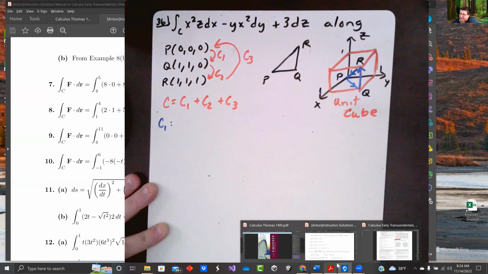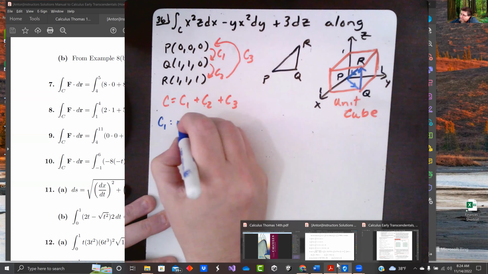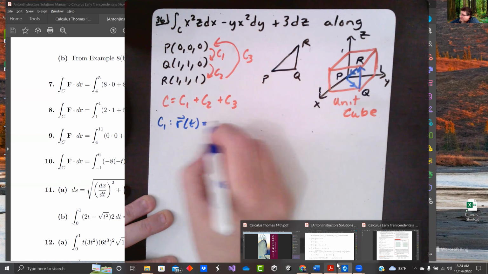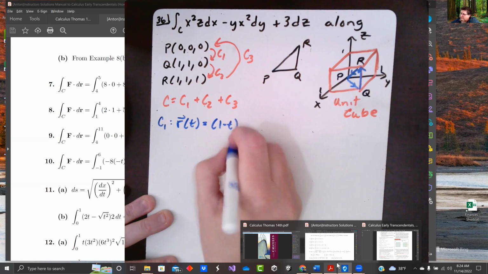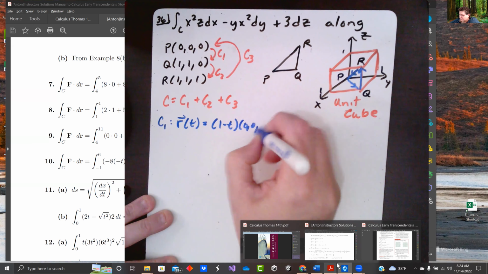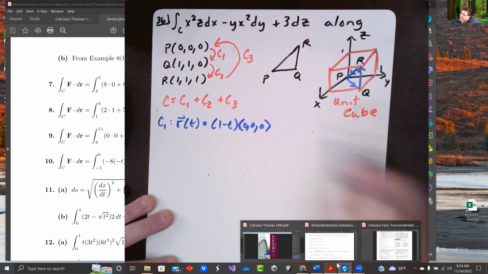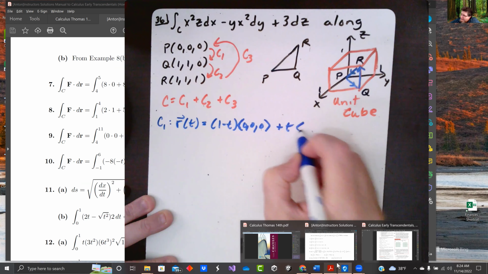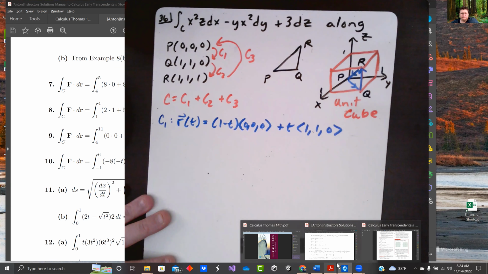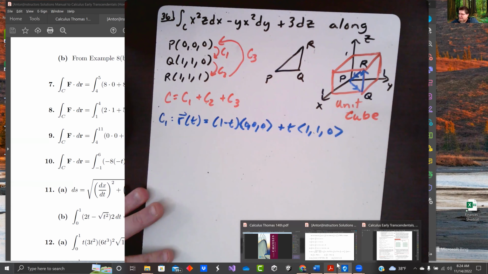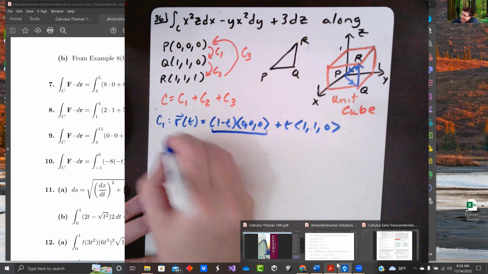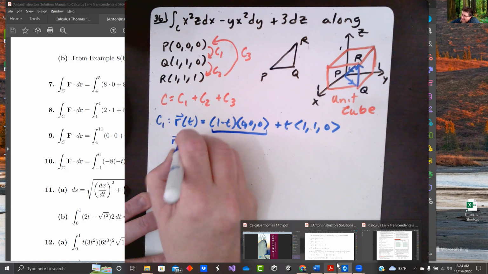Let's make our R vector. One minus T times my initial point or initial vector plus T times my second vector. And we can see the first part is 0. So R of T is just T, T, and 0.